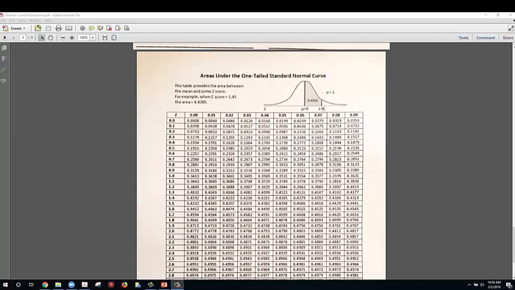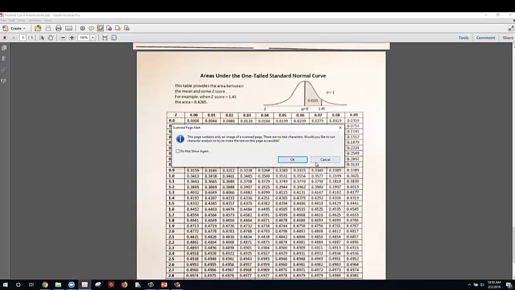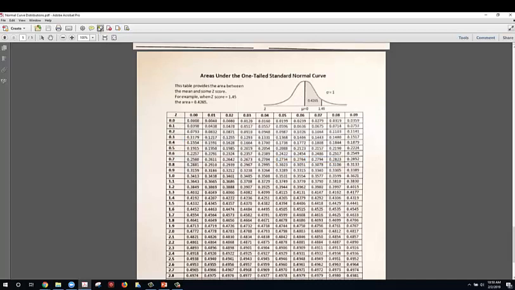So let's look at 1.45 and see what's happening here. We can see 1.4 here, and if we go across to 0.05, we see 0.4265. And that's what they've written up here, 0.4265.